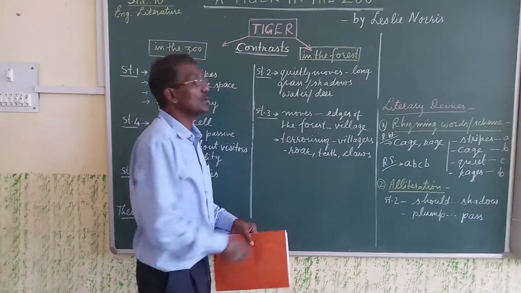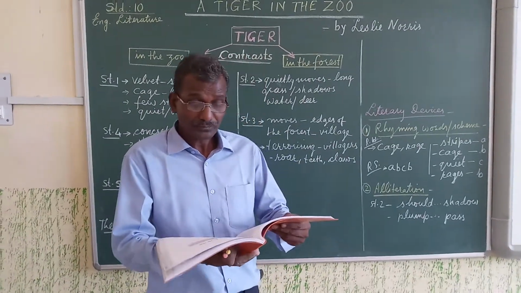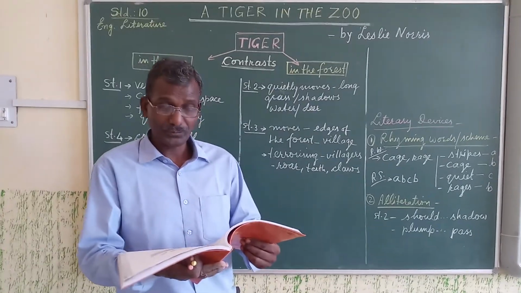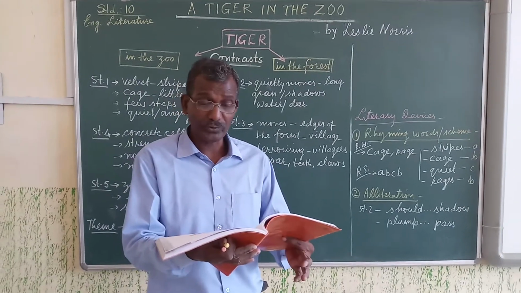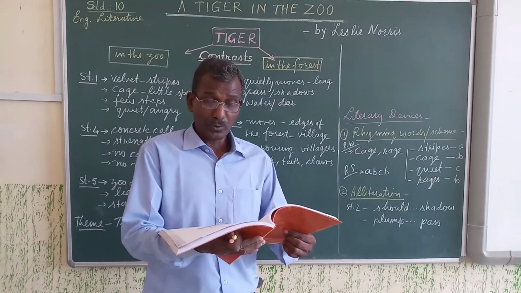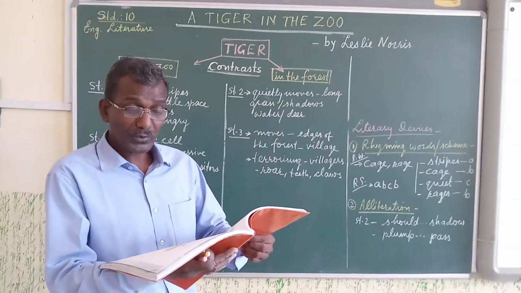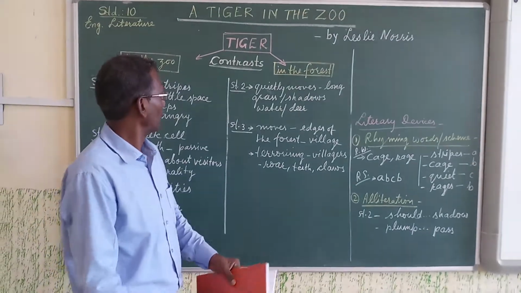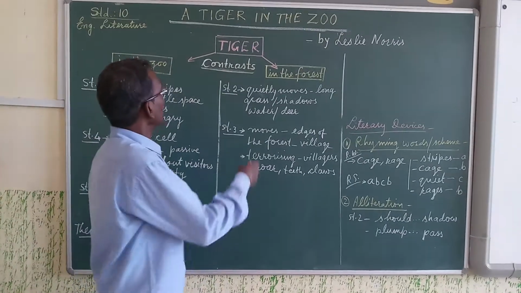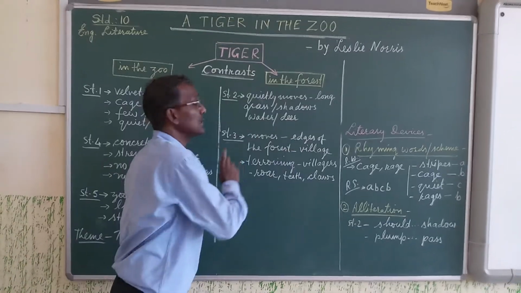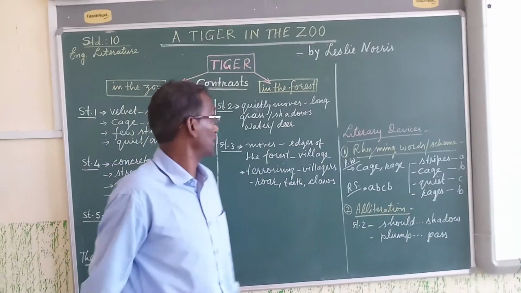Now let us go on to stanza number 3. Stanza 3 describes the tiger in the forest. The poet says, he should be snarling around houses at the jungle's edge, baring his white fangs, his claws, terrorizing the village. The poet says, when the tiger is in the forest, it moves along the edges of the forest where some villages are situated.